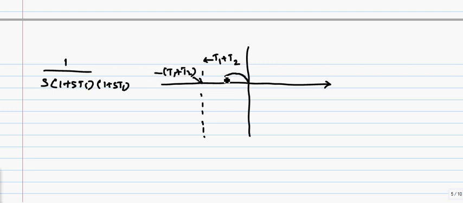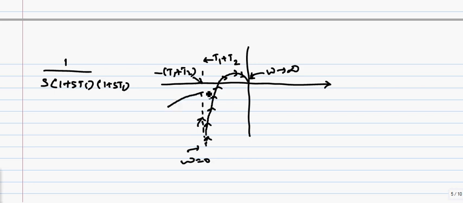This plot looks like this and tends to this as omega increases. This is actually starting from here, when omega equals 0, and this point is when omega tends to infinity. And the arrow mark directions are this way because omega is increasing in this direction.